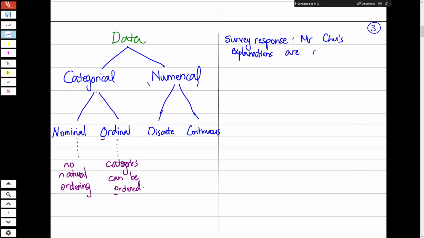And you're going to select an option: strongly agree, slightly agree, slightly disagree, strongly disagree. The variable I'm interested in is your choice of response to this question. Do you think there's an ordering to that?